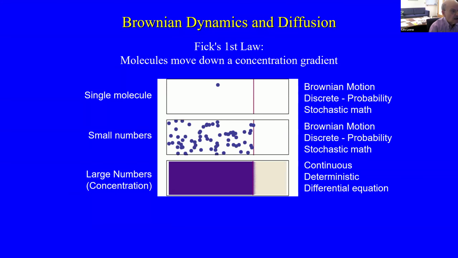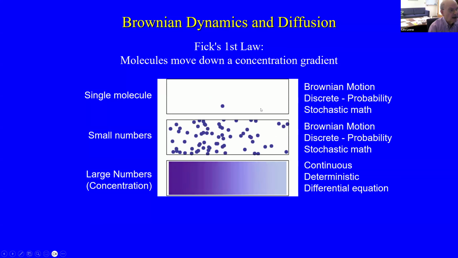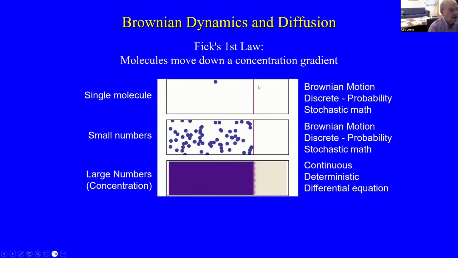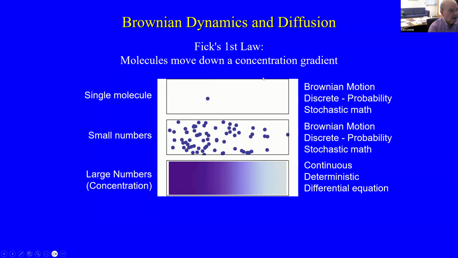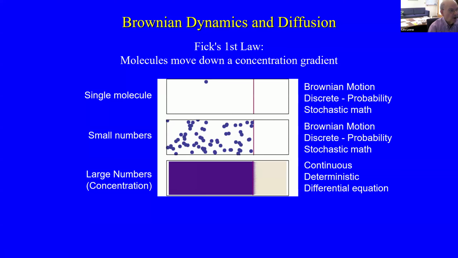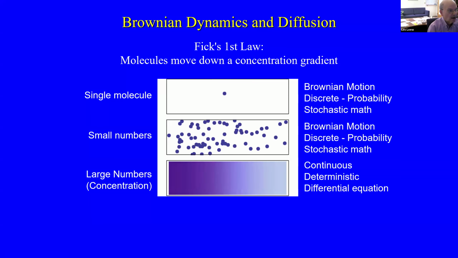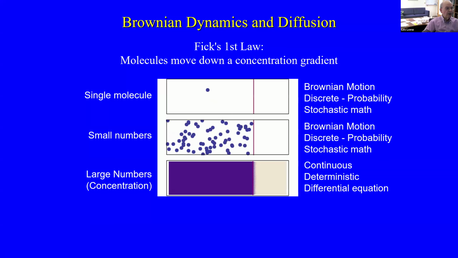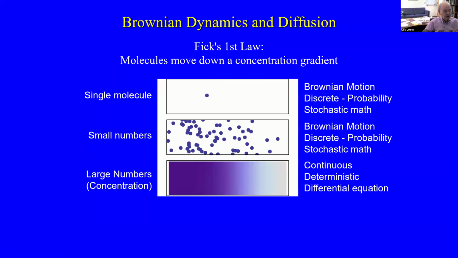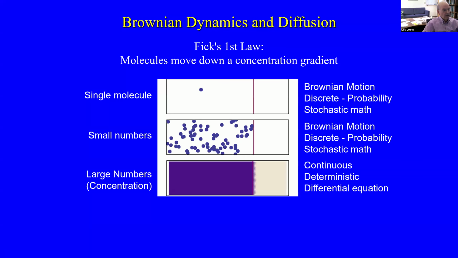So in the top, we have a single molecule, and at the beginning of this little animation, let's let it start again. There's a barrier to the right of this rectangular box, and the barrier opens, and the molecule that's starting at the left of the barrier never, during this short period at least, gets to the other side.